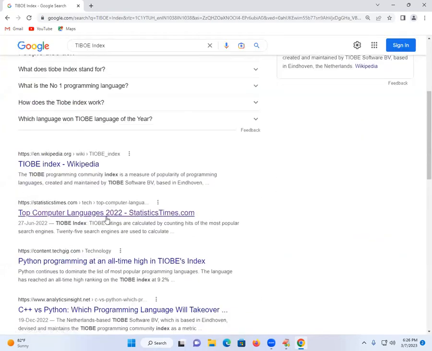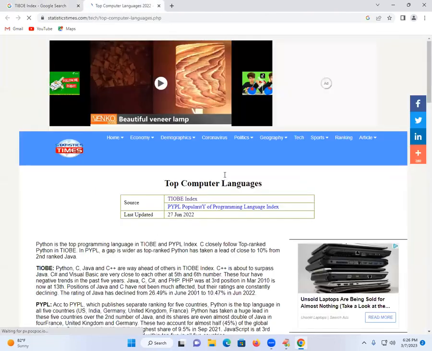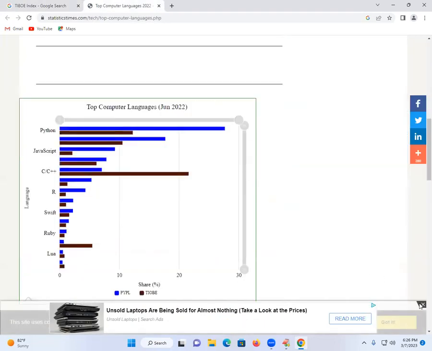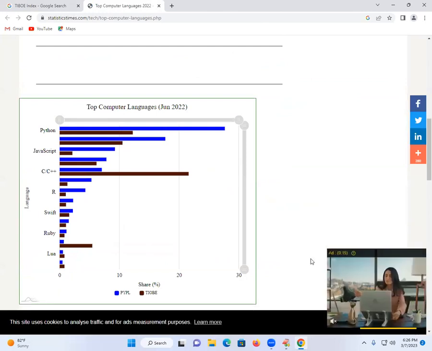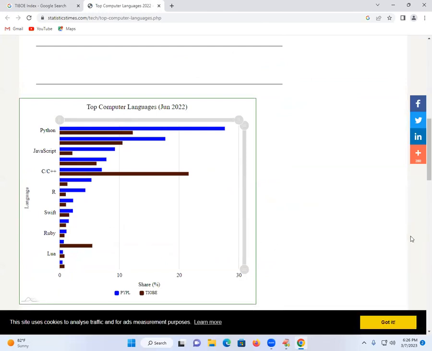What is the TIOBE index? Computer languages. Yesterday in class I gave some statistical information. That statistical information I showed you yesterday, and I'm showing it once again in the class, so that those who are new can understand the popularity of Python programming.